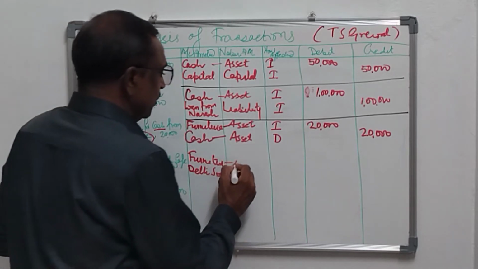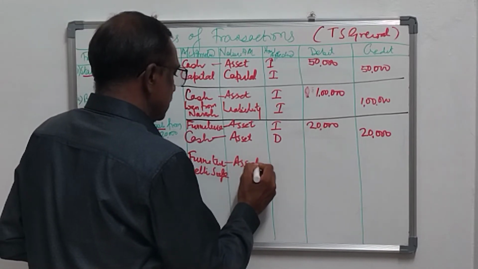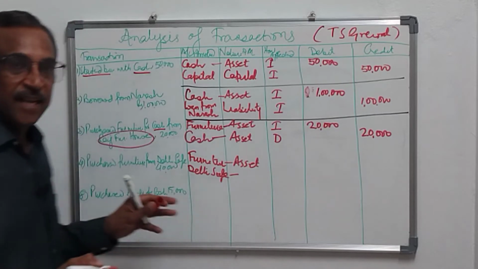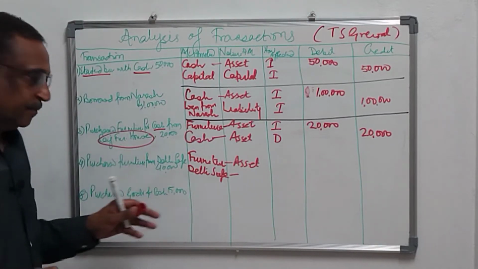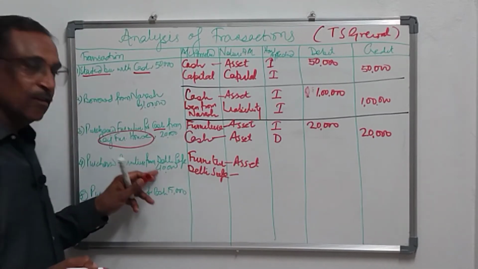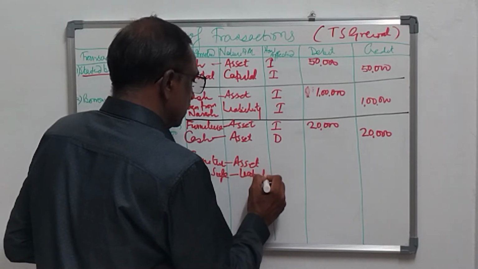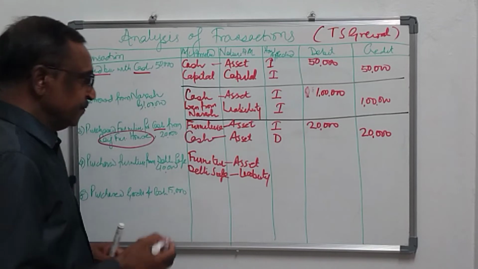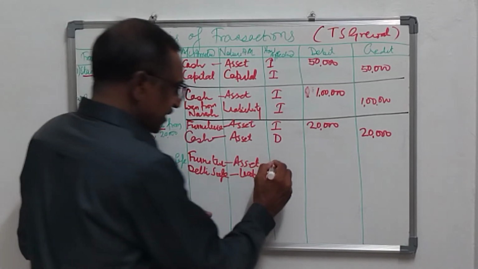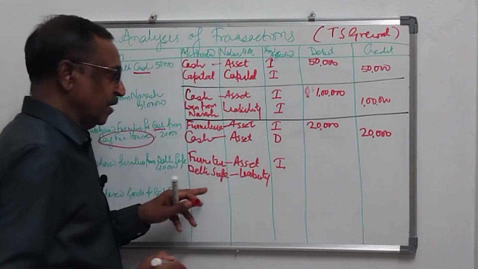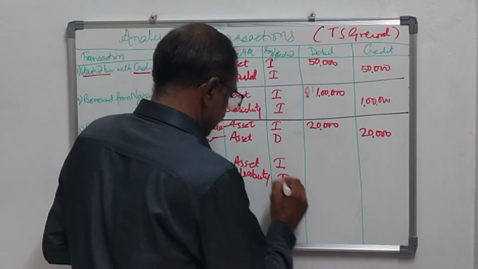So furniture is your asset and Delhi Safe is the name of the company or firm from which you have bought on credit. So it is your liability. Okay. So your asset is increasing and your liability is also increasing.